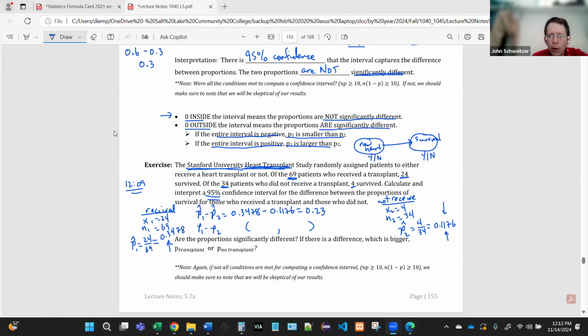Let's see, Killian. Killian's asking me a question here. Will P1 always be greater than P2? Good. No, P1 might be smaller than P2. What I typically like to do is work with positive numbers instead of negative numbers when I can. So I look ahead in the problem a little bit and ask which one is more than the other.